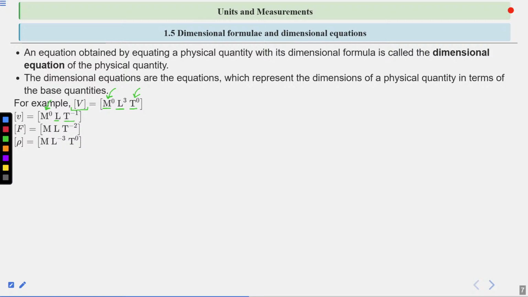So that's why the dimensional formula of V becomes [M^0 L T^-1]. And if we talk about force, the dimensional formula of force is [M L T^-2], and the dimensional formula of rho is [M L^-3 T^0]. Clear? Any doubt?